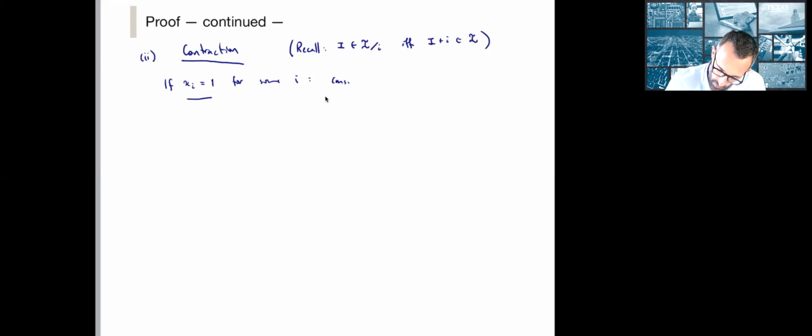So therefore, let's consider M1 with i contracted and M2 with i contracted. Now remember, I've written the definition above. The independent sets here are different. They're not the same as the deletion sets. And also, let x tilde be x minus i. I've just removed that ith coordinate, which was equal to 1.